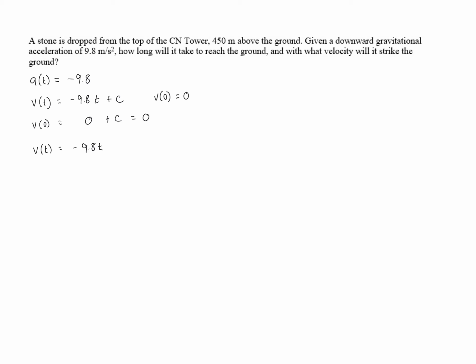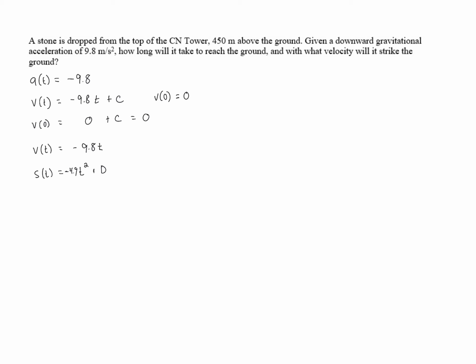Then we have to antidifferentiate again to get the position function. s of t equals, the antiderivative of t is t squared over 2, so we divide negative 9.8 by 2. That's negative 4.9 t squared plus a constant.